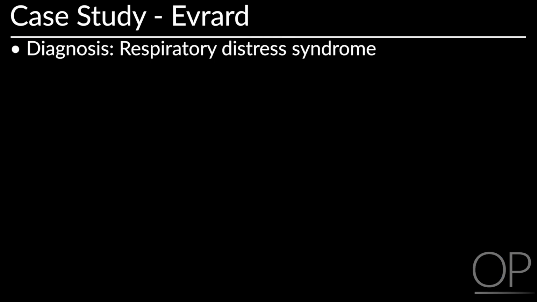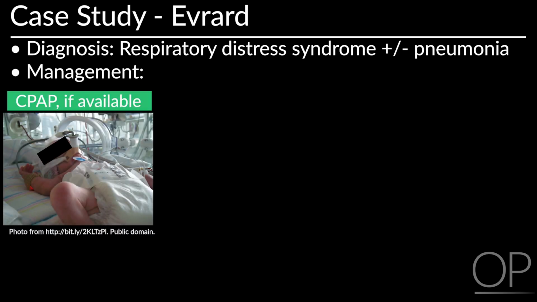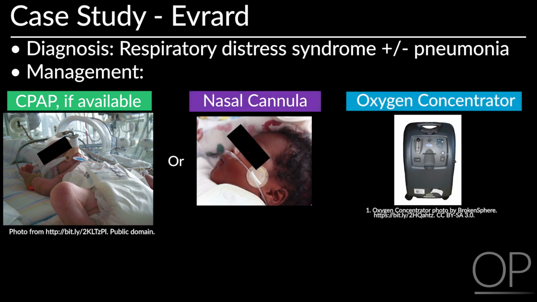Everard has respiratory distress syndrome due to surfactant deficiency. He might also have pneumonia. He should be started on CPAP if available, otherwise on nasocannula oxygen, preferably from an oxygen concentrator, to avoid hyperoxia in the setting of his prematurity.